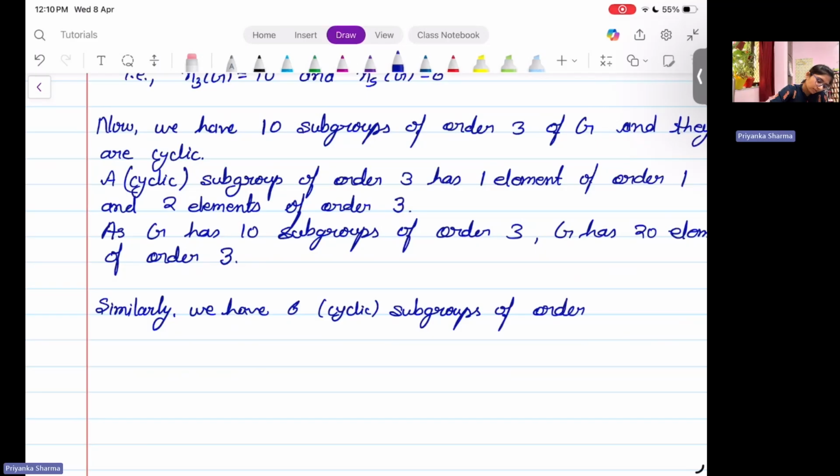So again, any group of order 5 will be isomorphic to Z mod 5Z, which is cyclic. So all these 6 subgroups of G of order 5 will be cyclic.